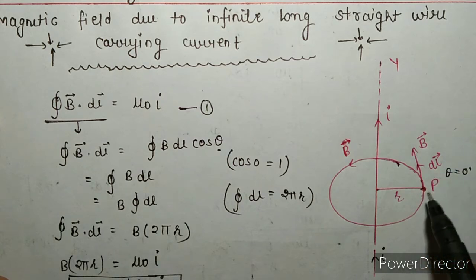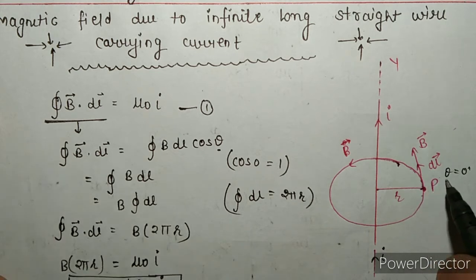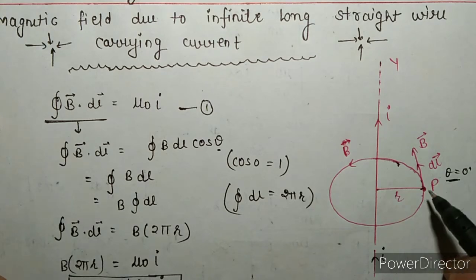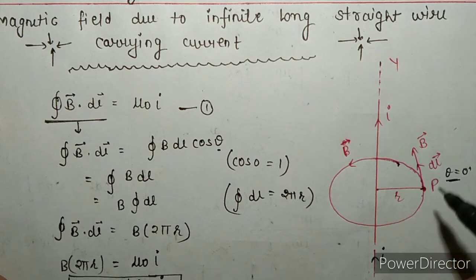Also the current element dl is in the direction of the magnetic field, so theta is 0, means the tangential magnetic field and the current element are in the same direction, and theta will be 0 between B and dl because both are in the same direction.